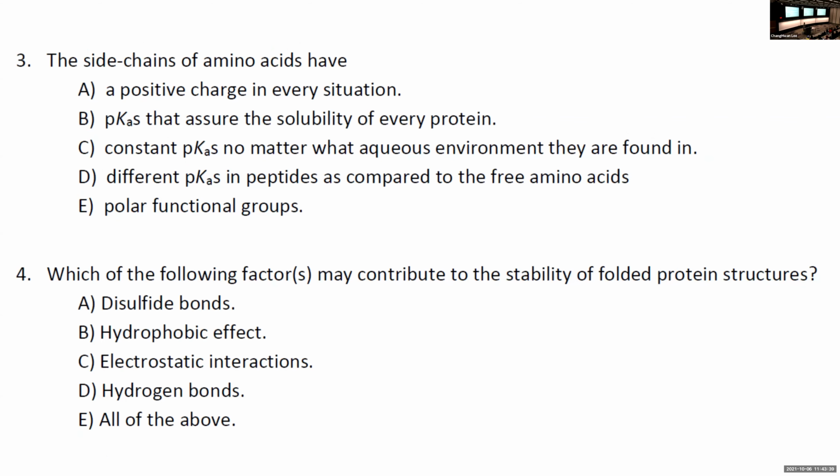All right, what about number 3? What is it? D? So it's D. Any confusions on here? Why is it not B? Can anyone explain? So B says pKa's that assure the solubility of every protein. Anyone? Exactly.